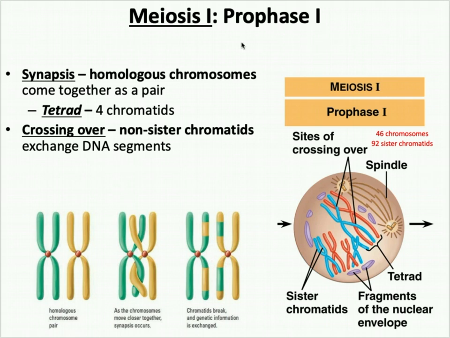Okay? So here in prophase 1, there's a lot of things going on. A lot of what's going on here is basically the same as prophase of mitosis, where you have your nuclear envelope dissolving, the nucleolus dissolving, the formation of your mitotic spindles, your centrosomes moving to the opposite poles of the cell, and your chromatin condensing into chromosomes.